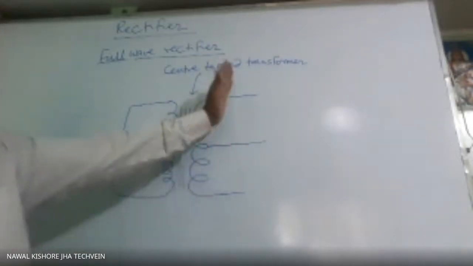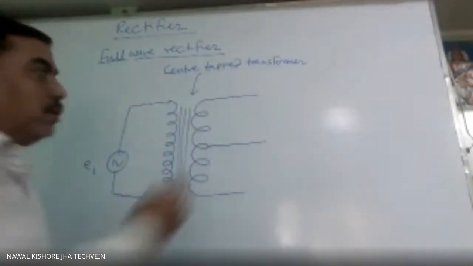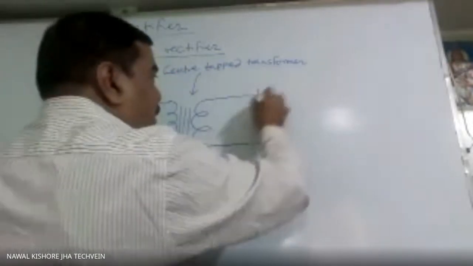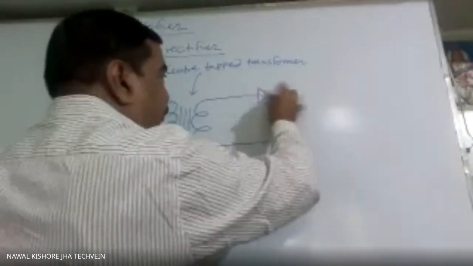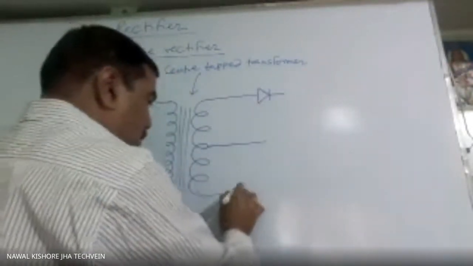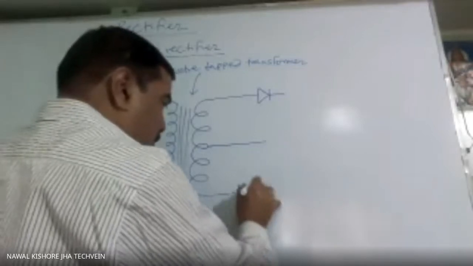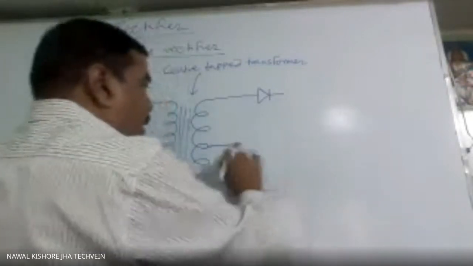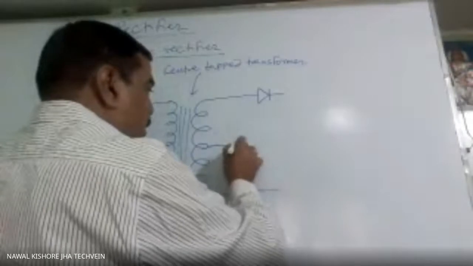Now we connect 2 diodes. One will be here, and other one is here. And the load is connected here.